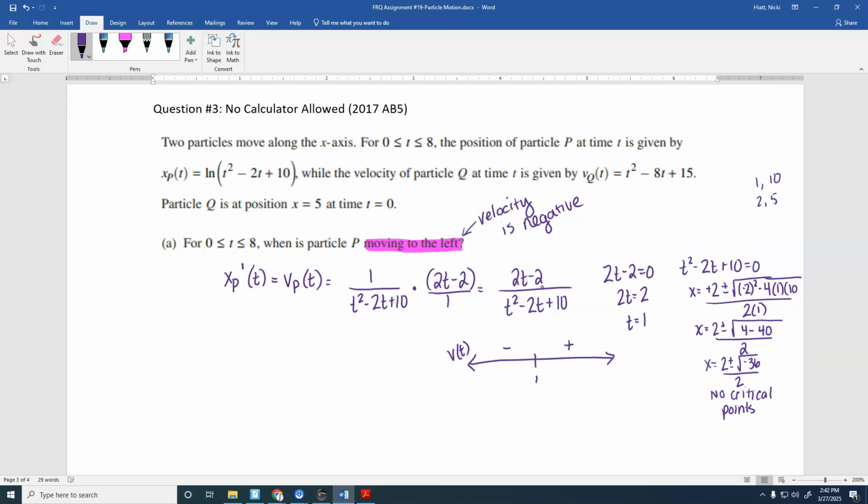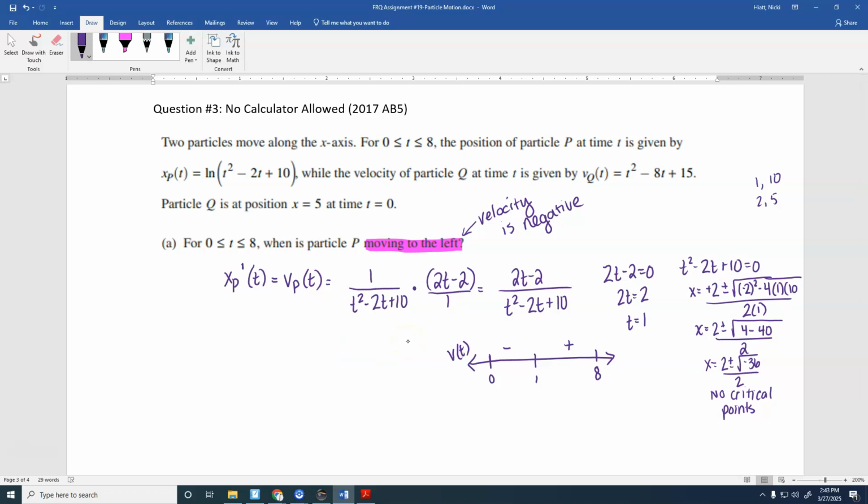Right here. And the question only asked me to look from 0 to 8. So where is my particle moving to the left? 0 to 1, right? Because we are looking where the velocity would be negative. We're okay there?